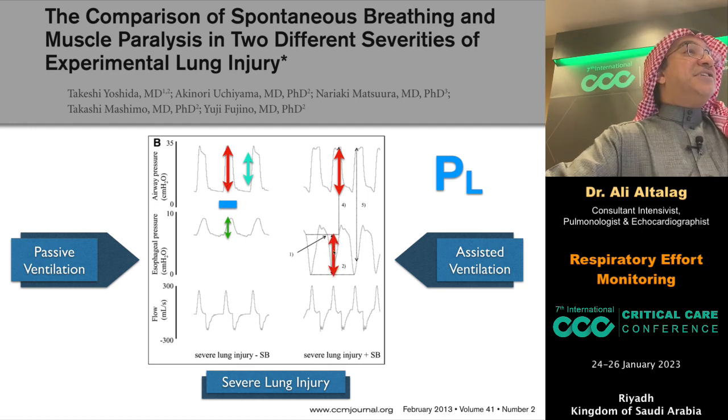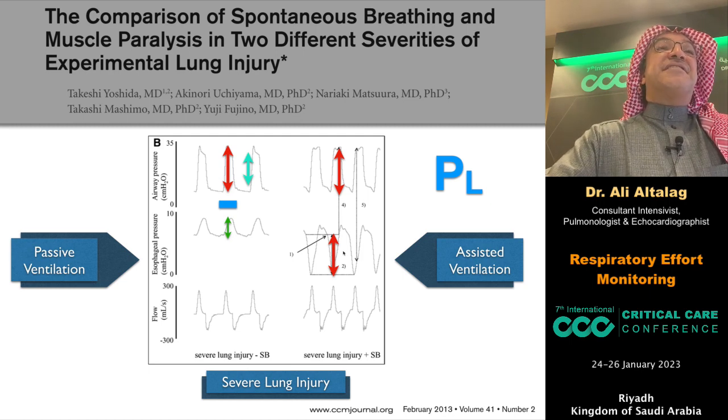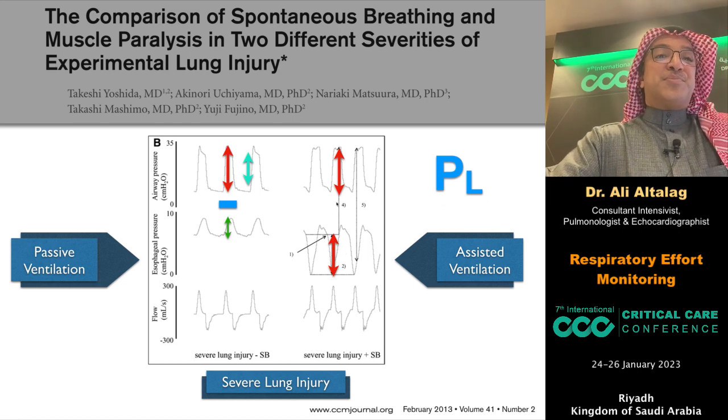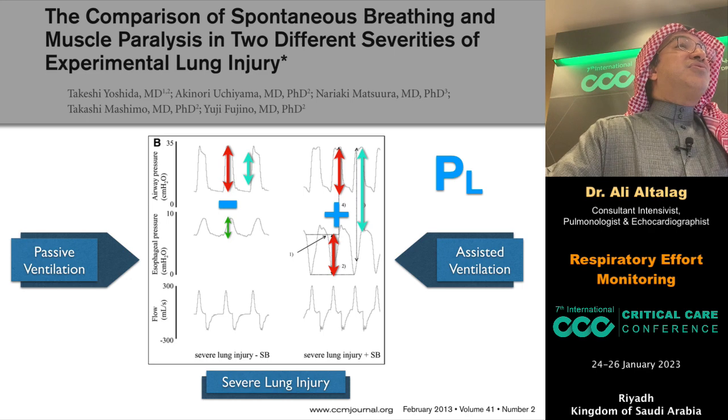But the difference here is that the esophageal pressure will be significantly increased on the negative side because of the increased effort that the patient is exerting. And here, instead of subtracting the two pressures, because this is negative and negative becomes positive, you will add the two pressures, and you will end up with an extremely elevated transpulmonary pressure.